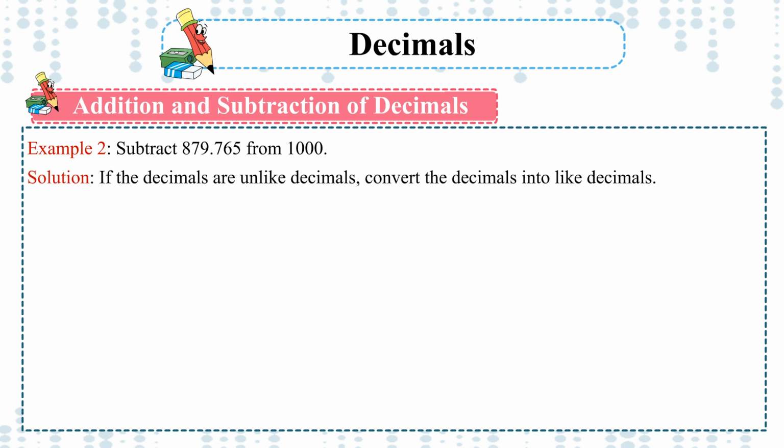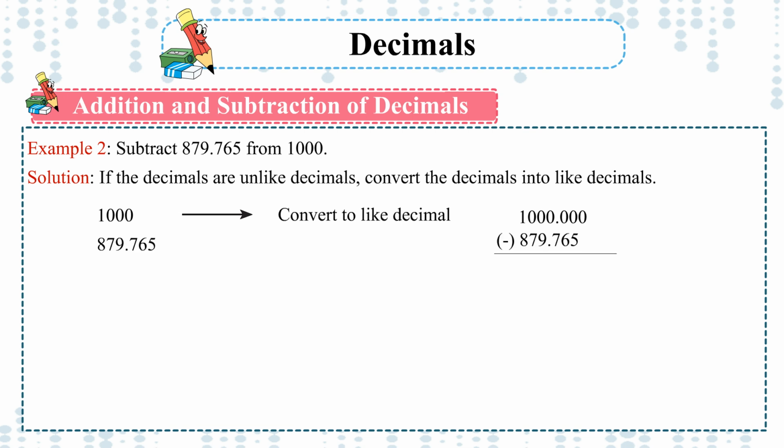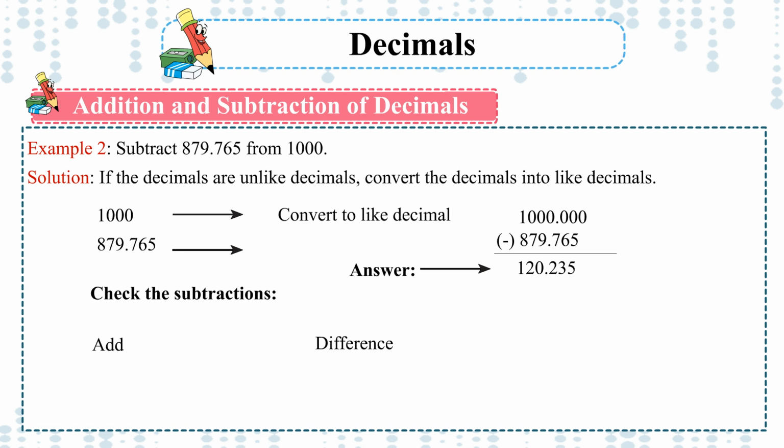If the decimals are unlike decimals, convert the decimals into like decimals. 1000 converts to like decimal 1000.000. Minus 879.765. Answer: 120.235.